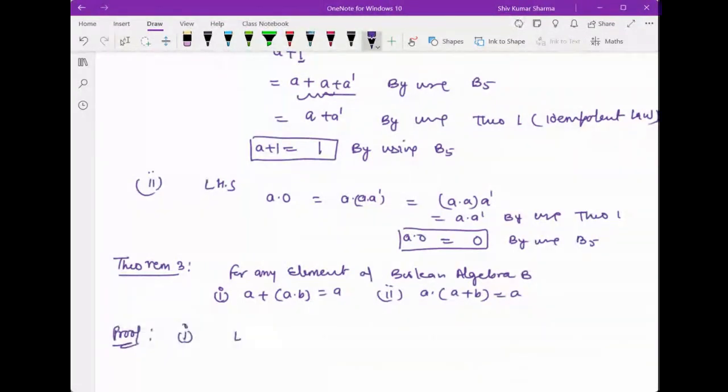So when we prove the first part, taking the LHS, we write a plus a into b. So what is our next step?